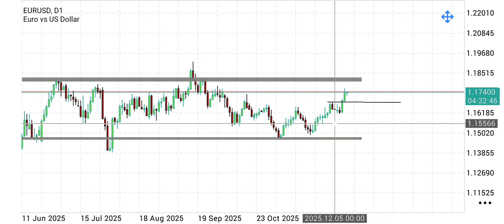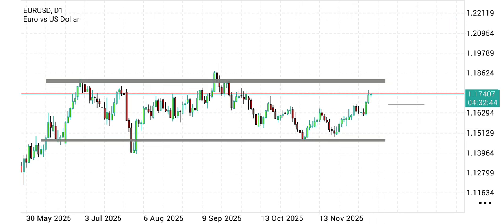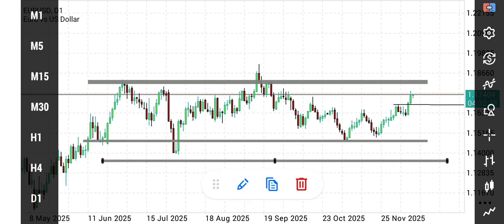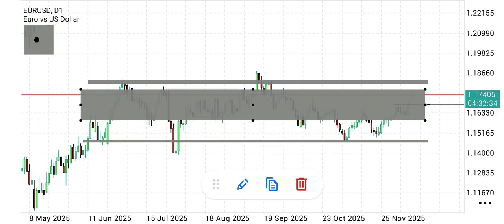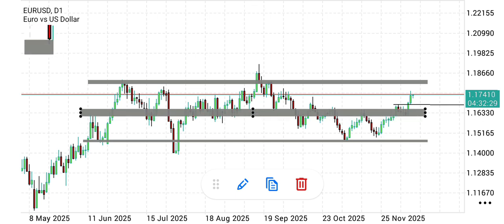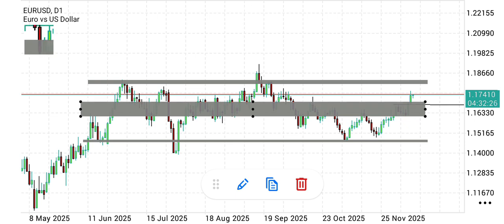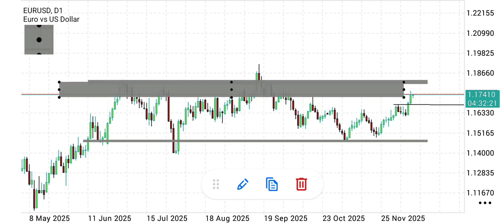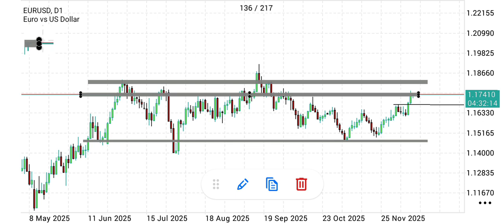If I look here again, around these areas, there's another support zone.